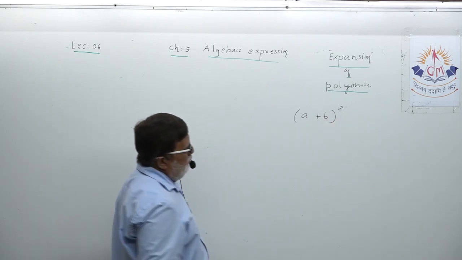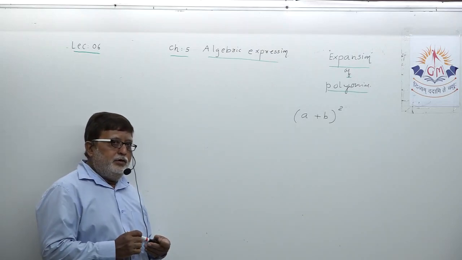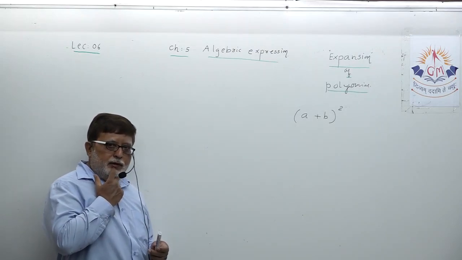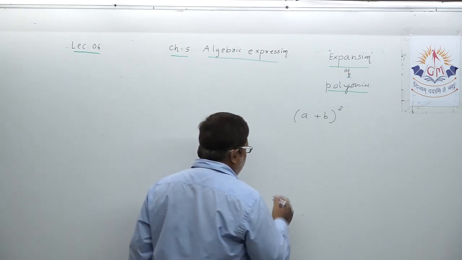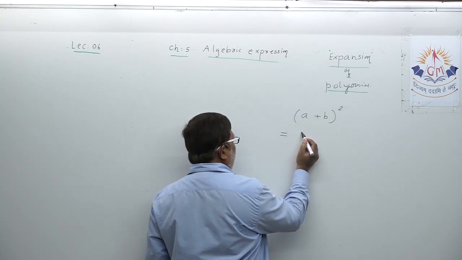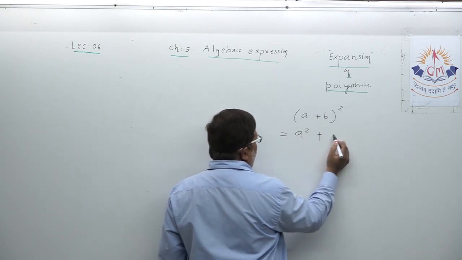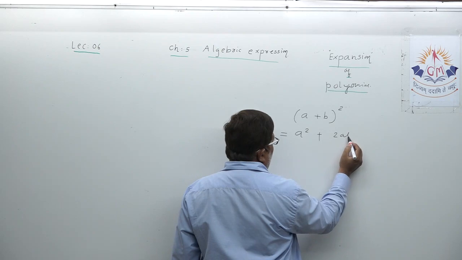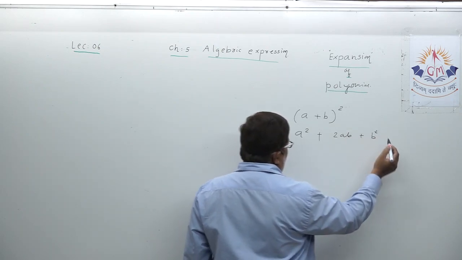Please try to understand this particular identity, you need to remember it. A plus b whole square equal to a square plus 2ab plus b square.